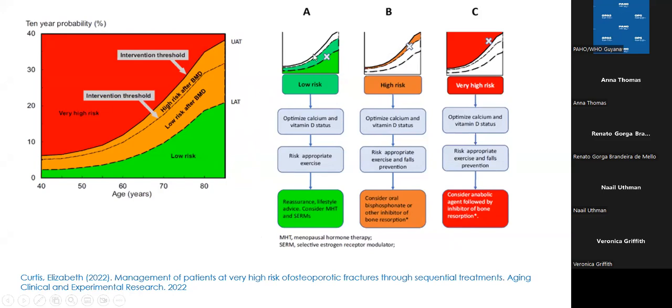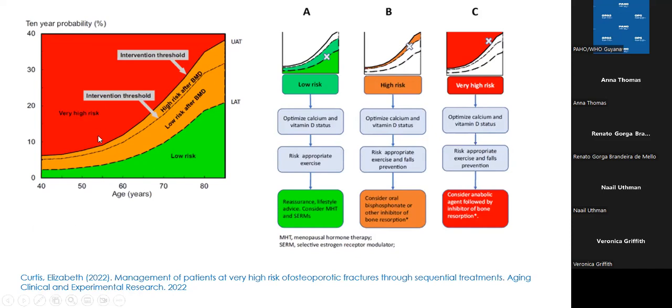Sometimes, especially with intermediate risk for fracture, a bone densitometry may make the difference between not prescribing or prescribing a medication.